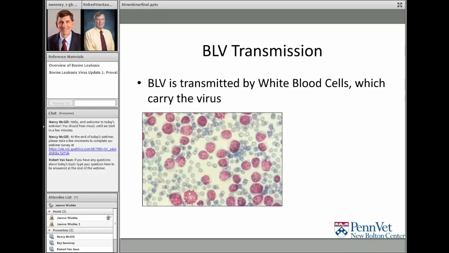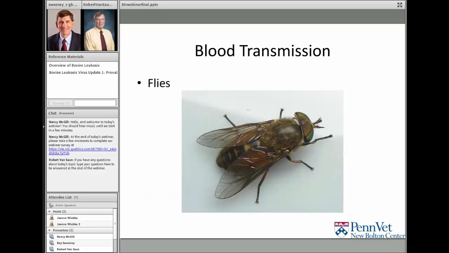And there is enough virus in 1 drop of blood to infect another cow. So it's a blood exchange transmission. Well, how does that happen in cows? There are not too many that are IV drug users sharing needles, but there are a number of ways that blood, and specifically white blood cells, can be exchanged between cows.